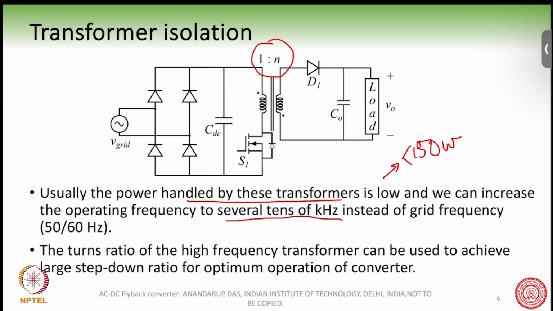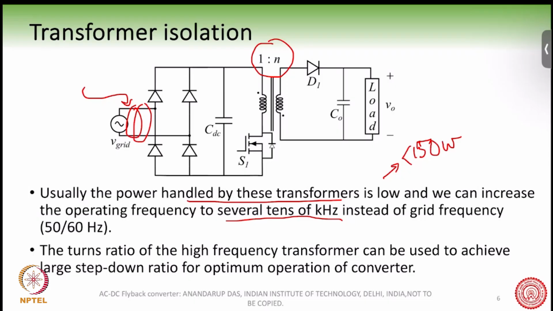So we must try to reduce the size of the transformer. Instead of isolating at 50 hertz, we could have had a transformer at the input, but we do not do that, because we want to reduce the size of the transformer. This is an important observation.